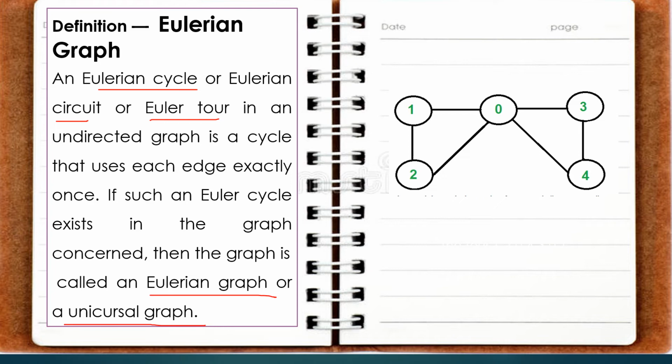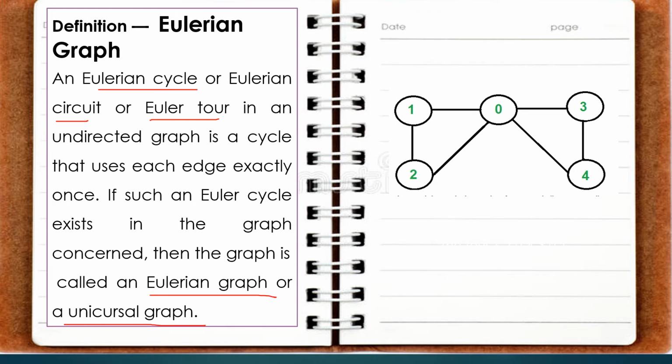Also, in a semi-Eulerian graph we can use a vertex more than once, as long as we use each edge only once.